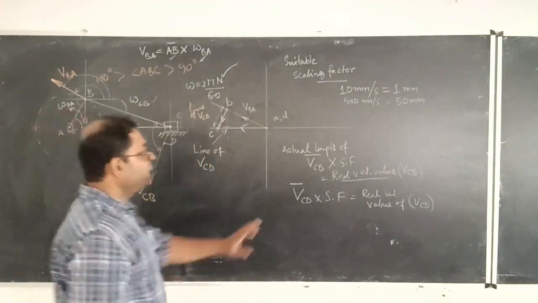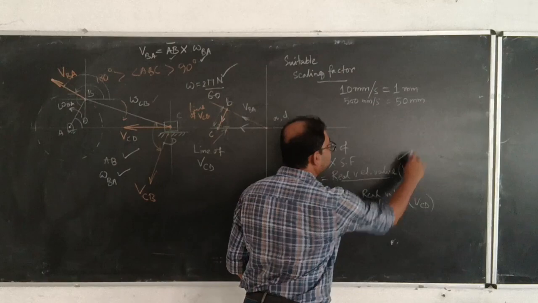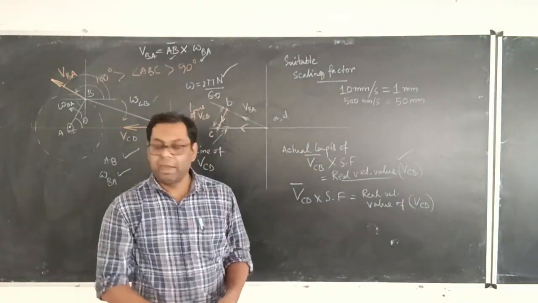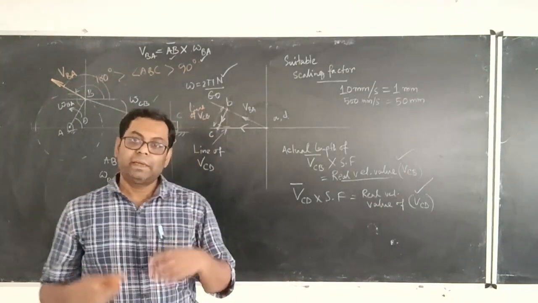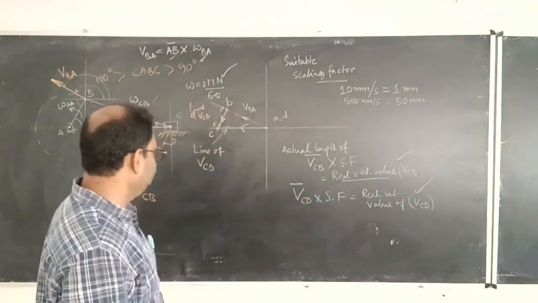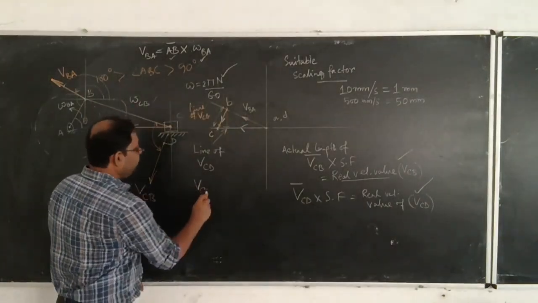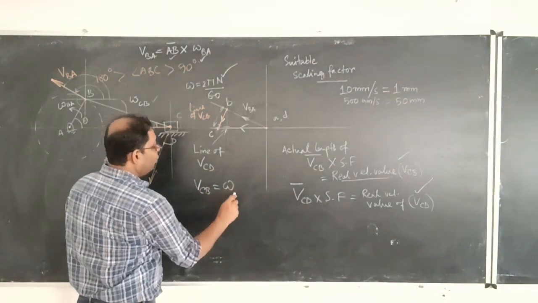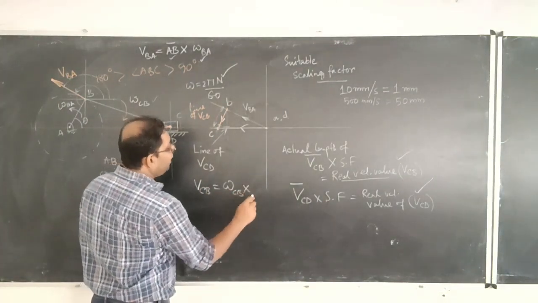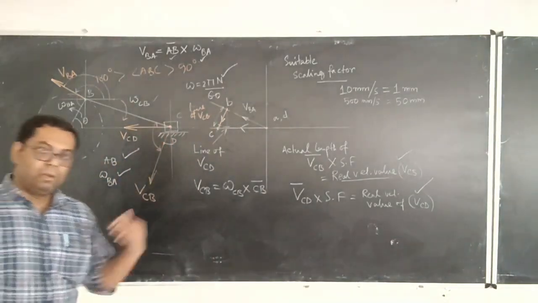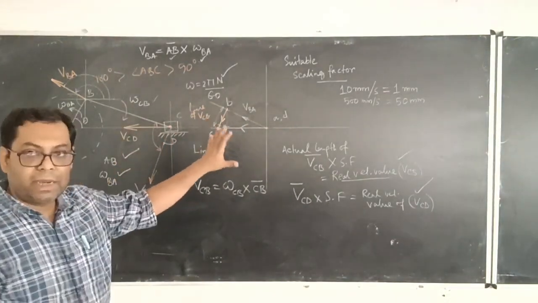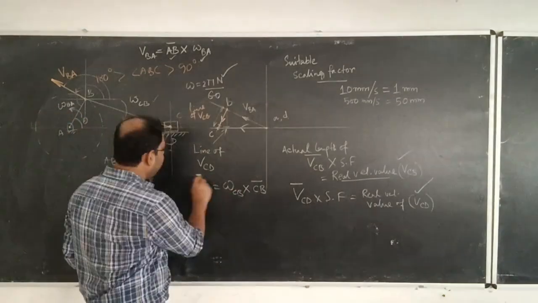So once you get the velocity of C with reference to B and velocity of C with reference to D, then the rest of the part is very simple, because we know that VCB is equal to omega CB multiplied by the length CB. From this calculation and from this diagram, we know this value.